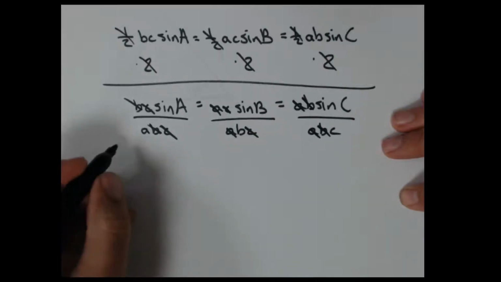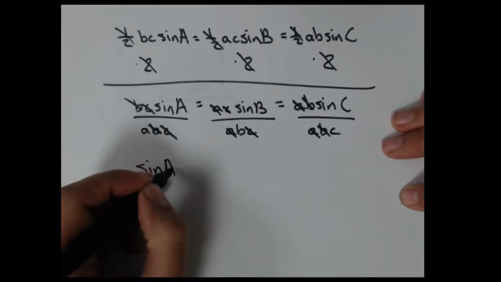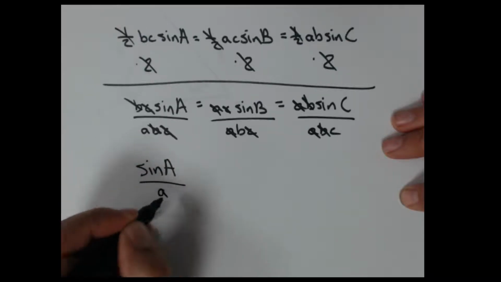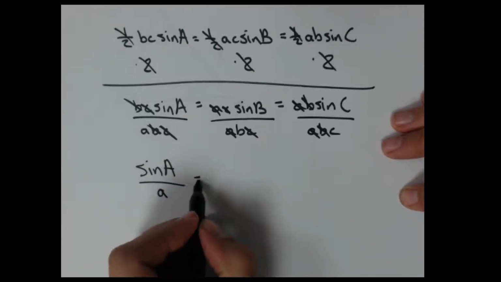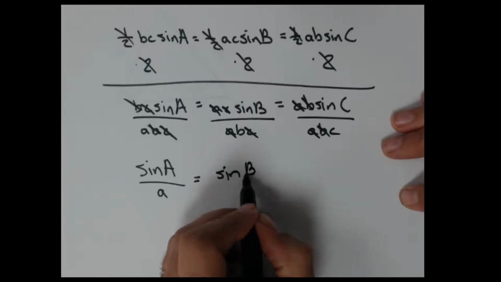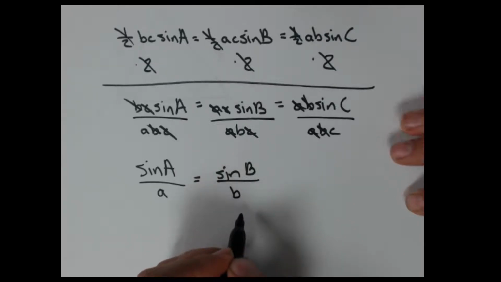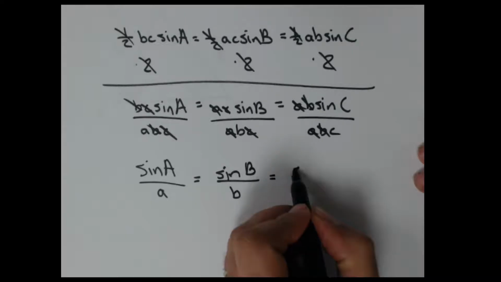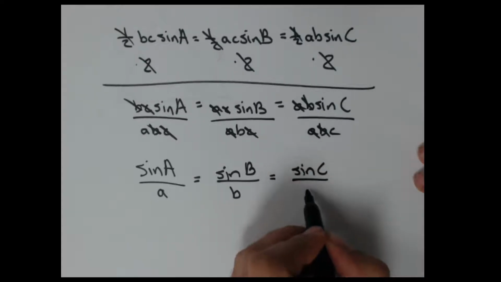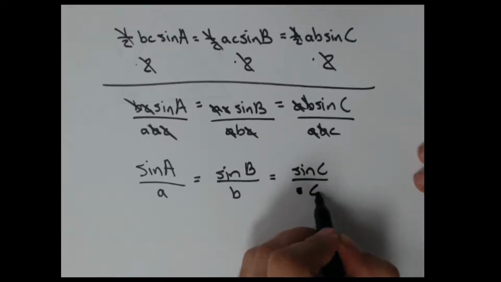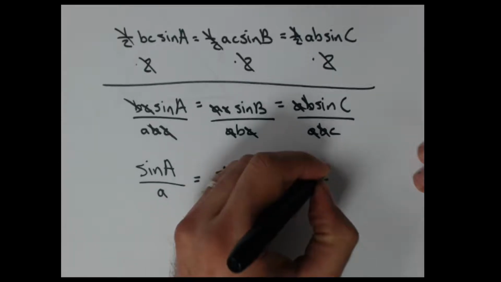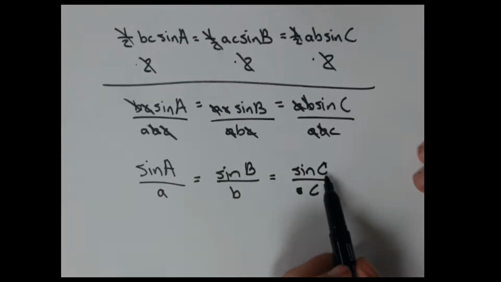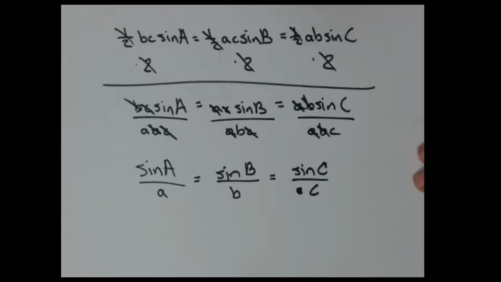Now if I write down on the next line everything that's left, I have sine of my angle A divided by side A equals sine of angle B over side length B equals sine of angle C over side length C. It's hard to tell with C's, but that's a capital C, that's lowercase.